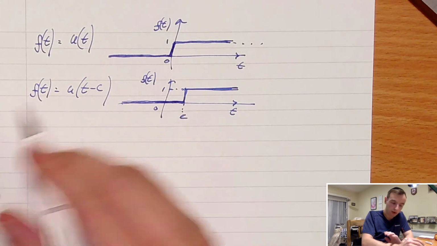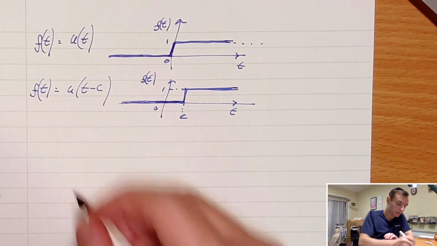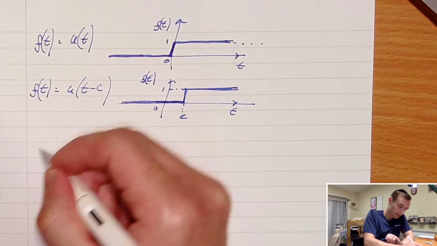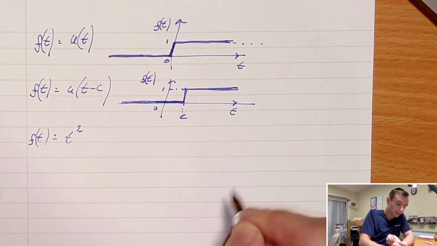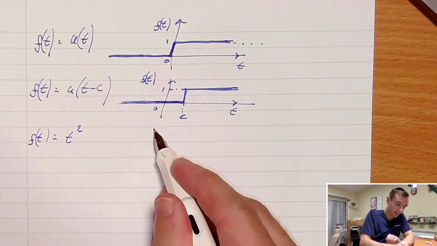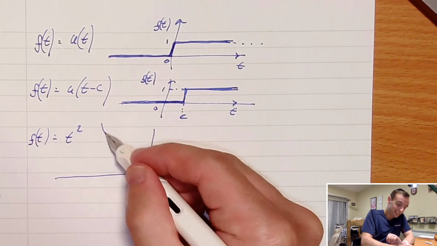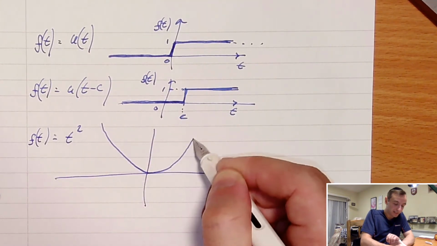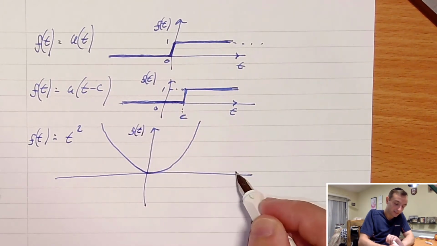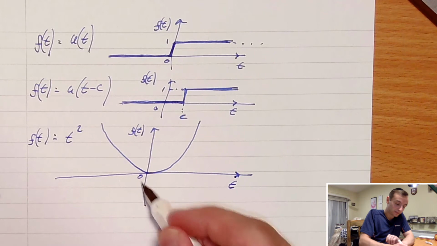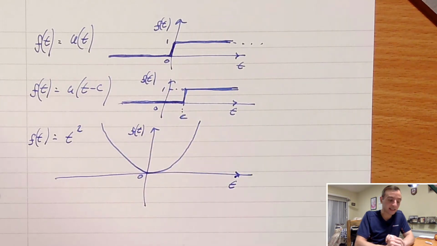Let's do an example of, say, x squared, why not? So we know the function f(t) equals t squared. I hope you know what that looks like. It's going to look something much better than this wonky thing, but anyway, you get the idea. It's going to kind of go like that, t squared.